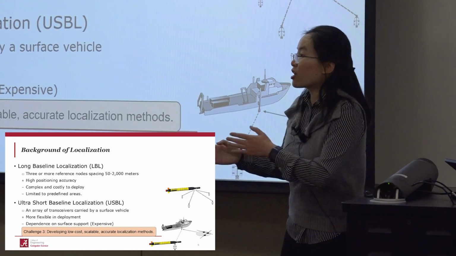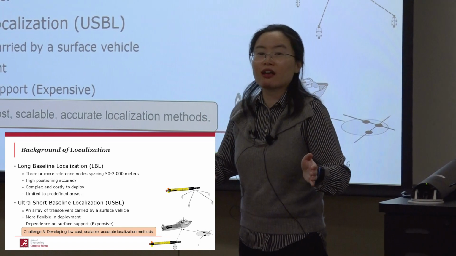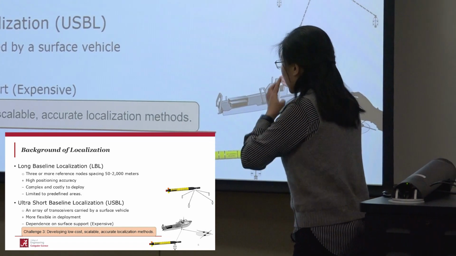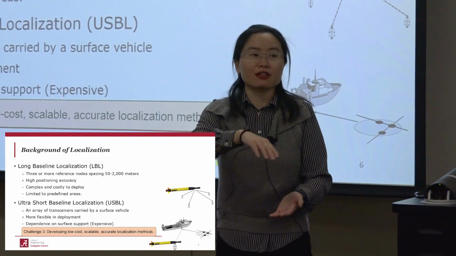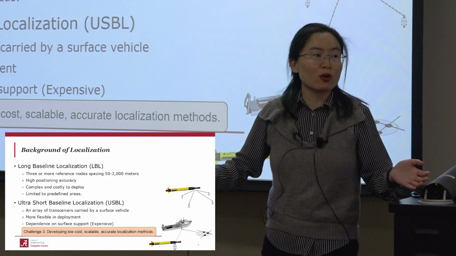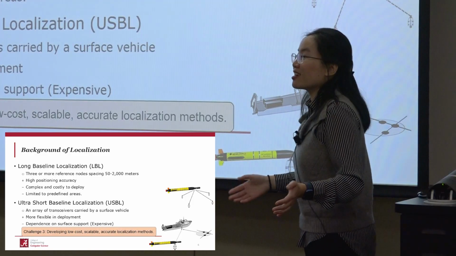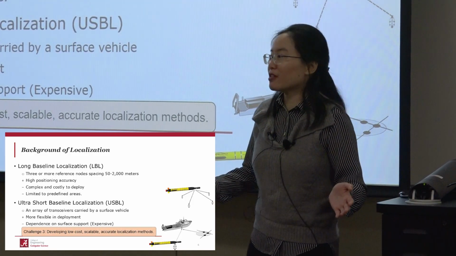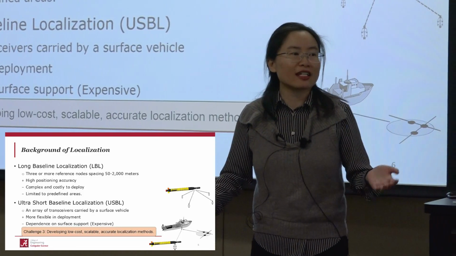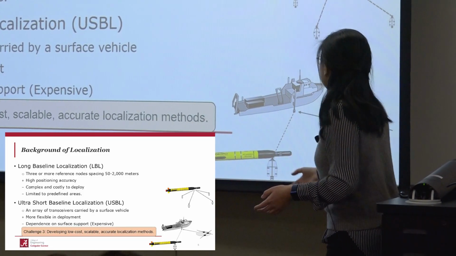When we change our AUV missions, we can also command our surface vehicle to move with our AUV to provide continuous localization support. But the big limitation is it requires surface support. So without a surface vehicle, we won't have a localization service for the AUVs.